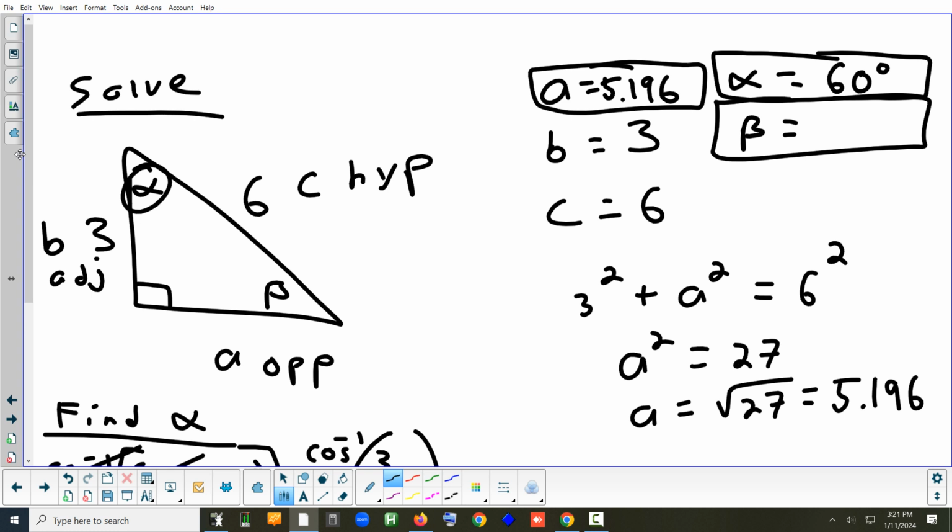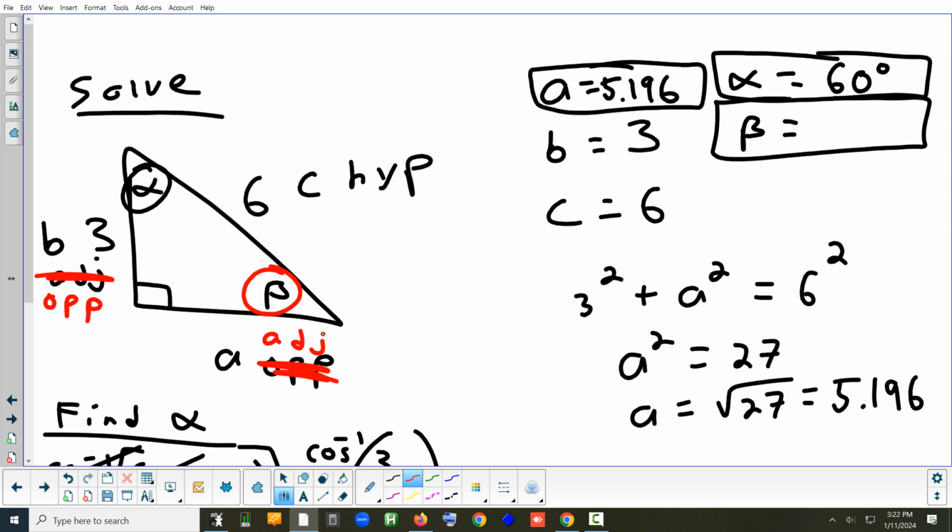Beta. If we do everything from beta, what's going to happen to adjacent and opposite? They're going to change. That's not true anymore. So what's B now? Opposite. That's now opposite. And A is adjacent.